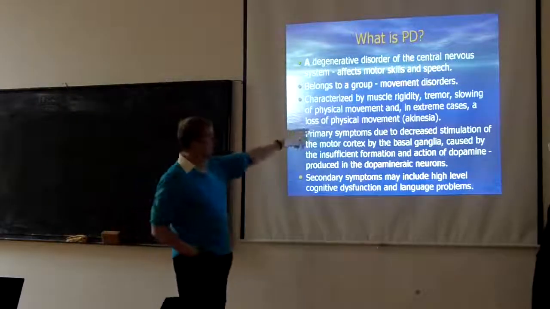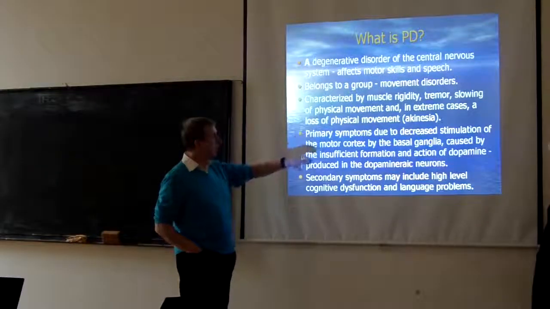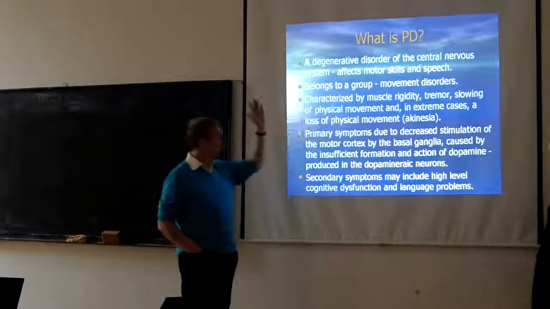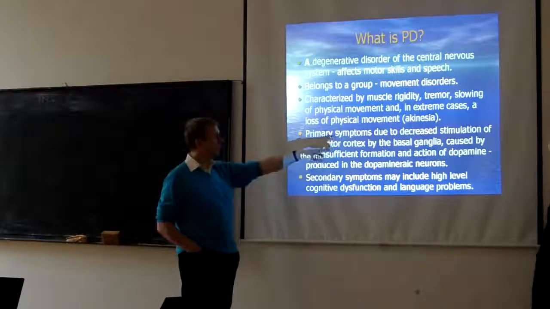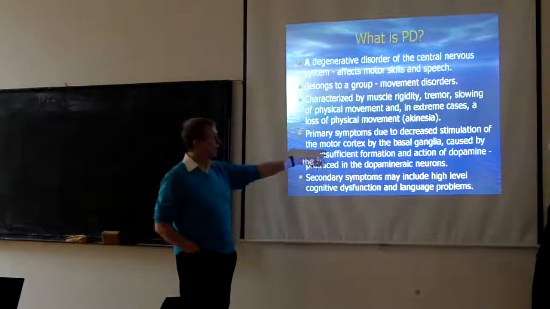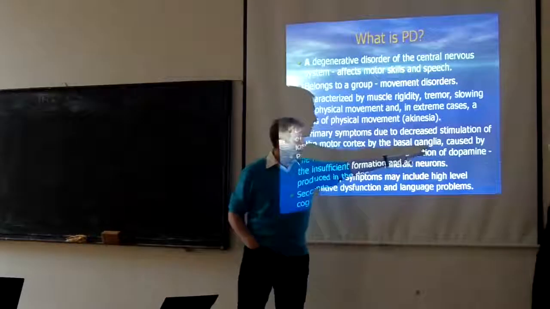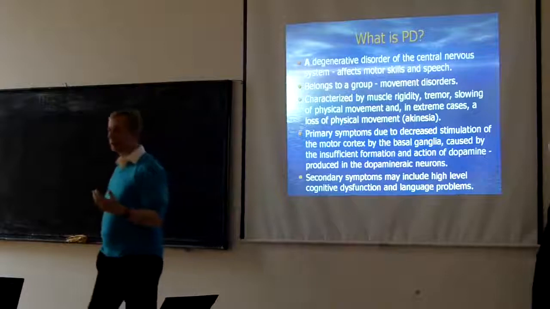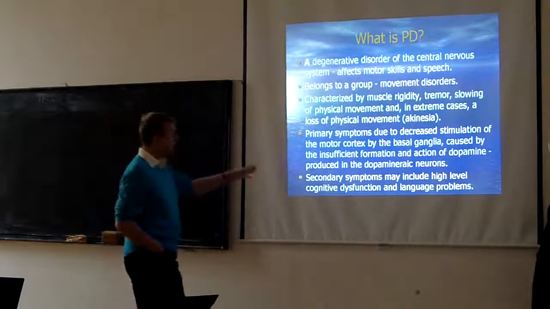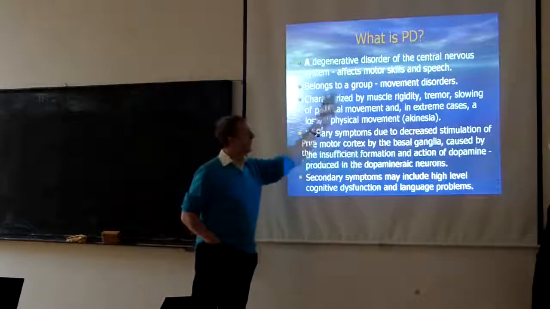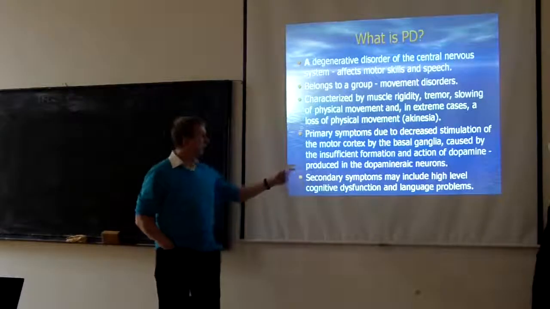The primary symptoms for Parkinson's disease appear to be decreased stimulation of the motor cortex by the basal ganglia, and the action of dopamine, so chemicals produced in the dopaminergic neurons.